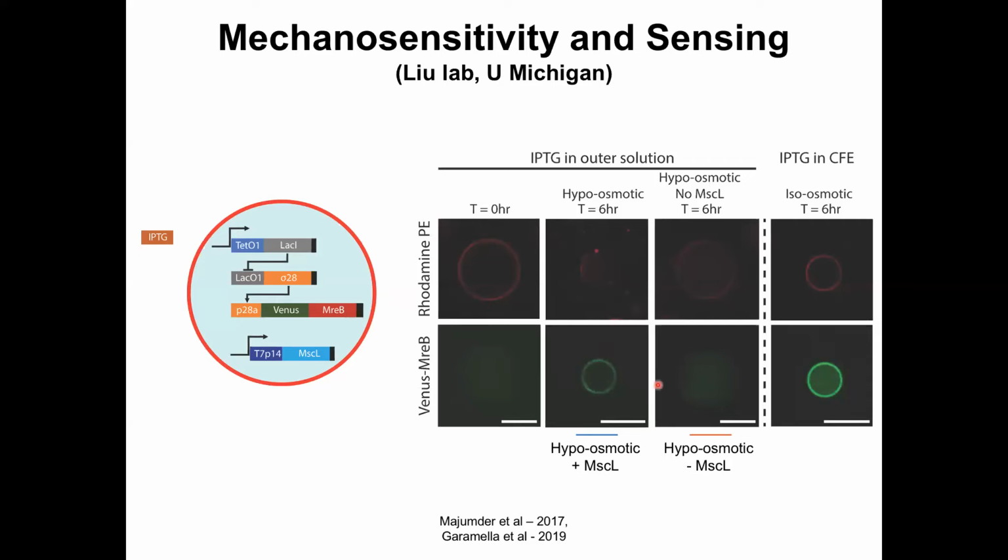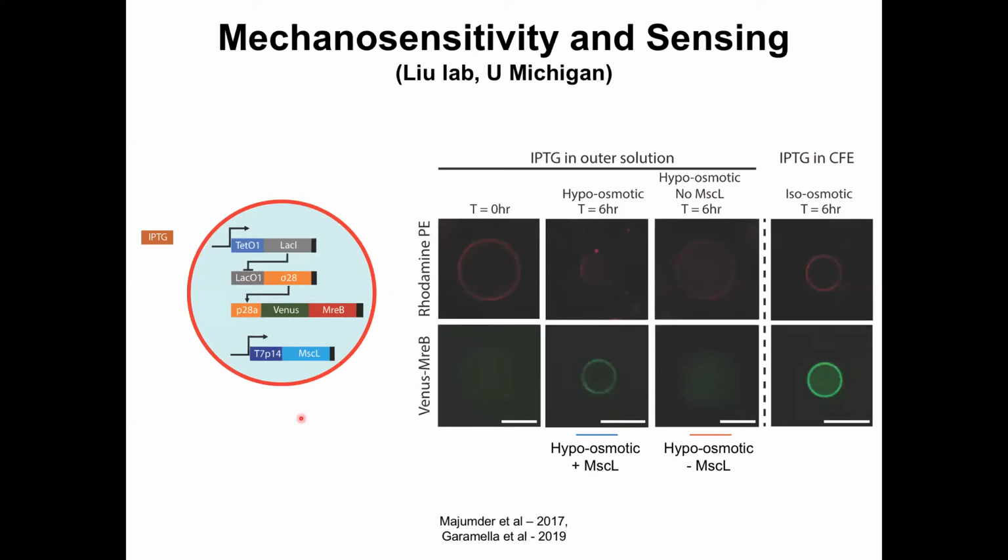That is a negative control where no MSCL is included here as a plasmid in the liposomes, and that is a positive control when we put IPTG right away inside. It's a little bit brighter in that case, but we were able to show that statistically what we show here on this picture is relevant.